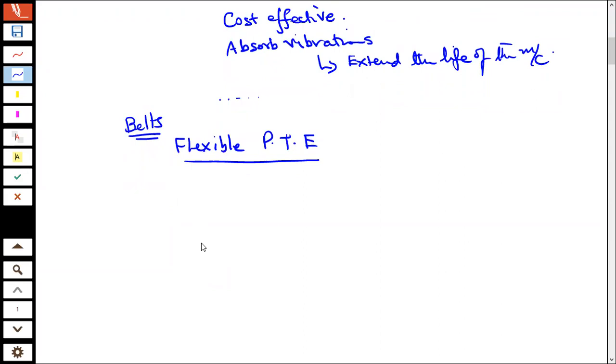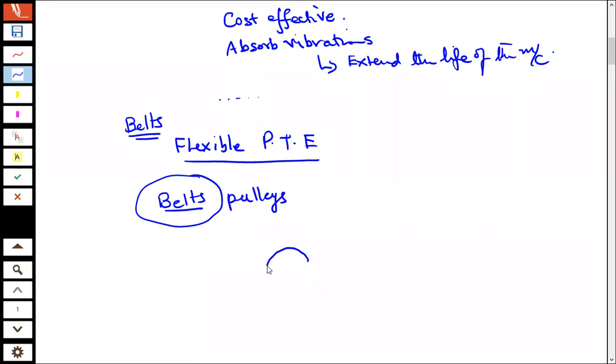They can take power from one place to another, and generally belts would be mounted on pulleys. So it's not only belts, basically it is pulleys and belts that we will be talking about. So mainly belts are mounted on pulleys.